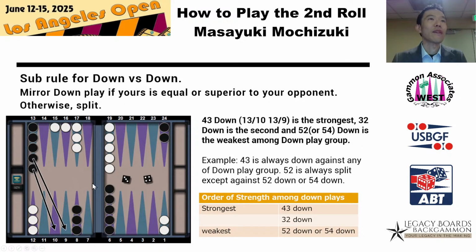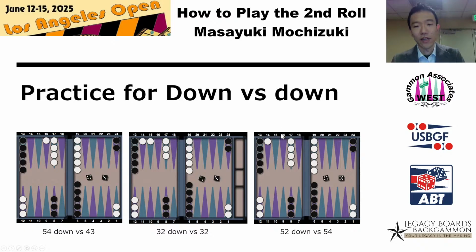But let's say you roll 5-2, that's the weakest. So you can't copy him. You should split and distract him from making a point. Or you roll 3-2, which is also weaker than 4-3. So you should not copy him. You should split. Okay? Let's do some practice and wrap up the lecture.